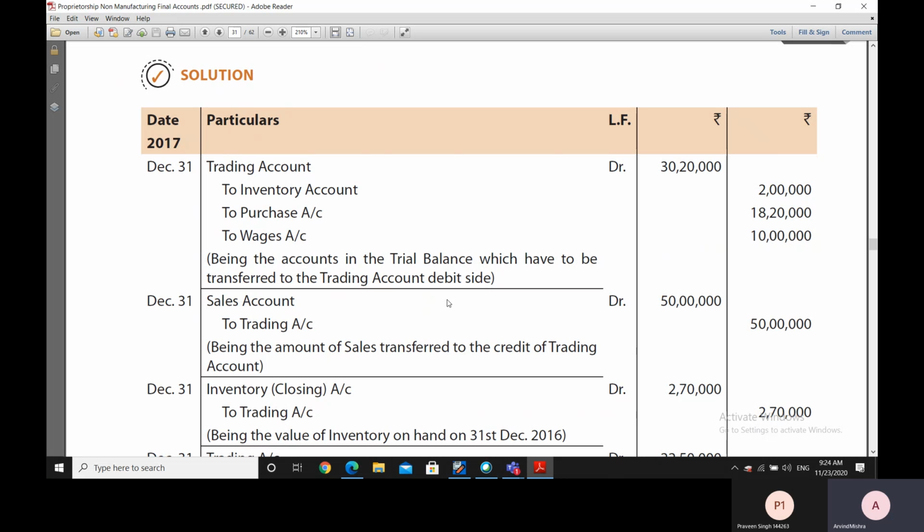Similarly, we have to transfer the sales account also to the trading account. There is a credit balance there, so we debit it, and by debiting we are squaring off the sales account and we are crediting the trading account.